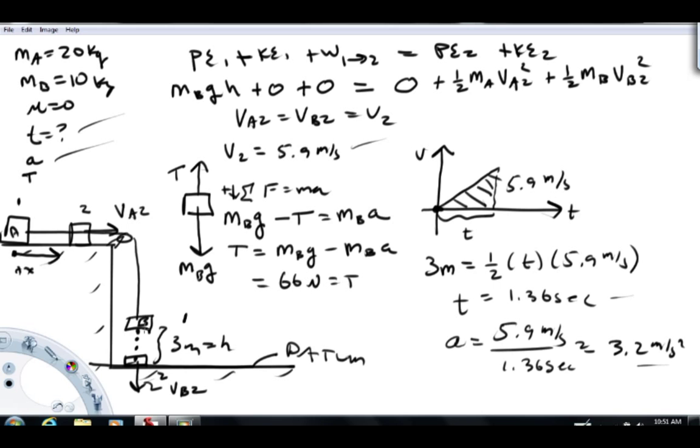Now, we should get the same thing with a free body of mass A. Just a quick look over here to the right. The only force acting in the horizontal direction on mass A is the tension. There's a gravitational force acting down, normal force acting up. I'm not even going to bother putting them in the free bodies because this is the only one I need because the acceleration is to the right and the other two forces are vertical.